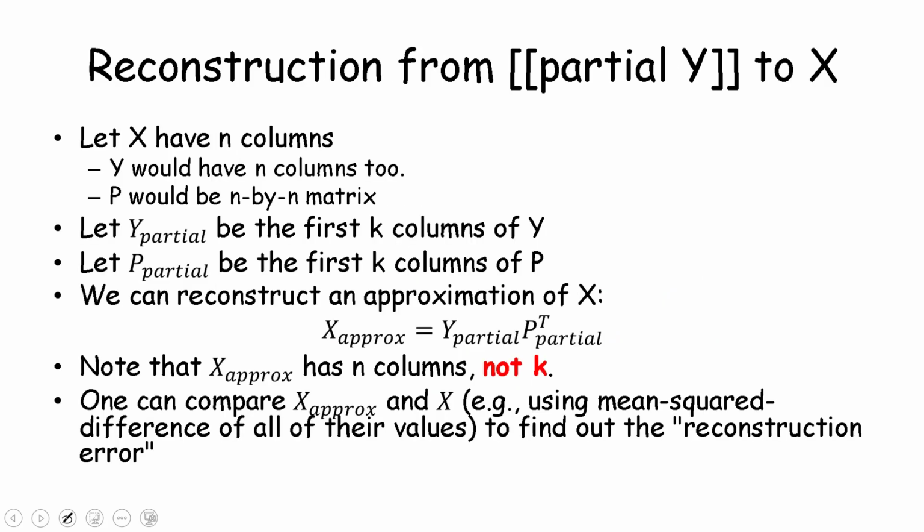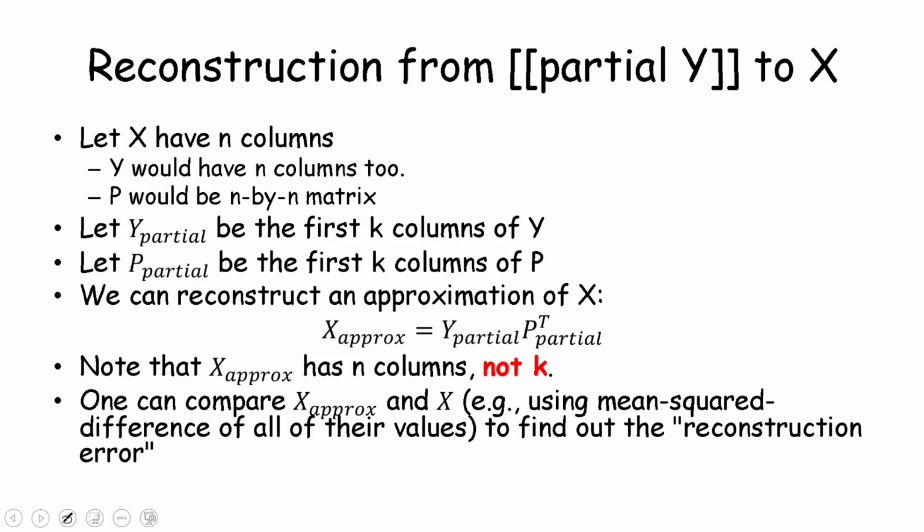What happens if we threw away some of the columns of Y and only kept the first k of them? We can again reconstruct the original space with this partial information. Because we threw away some of the columns of Y, the reconstruction will only be an approximation. We will not get the original X values.